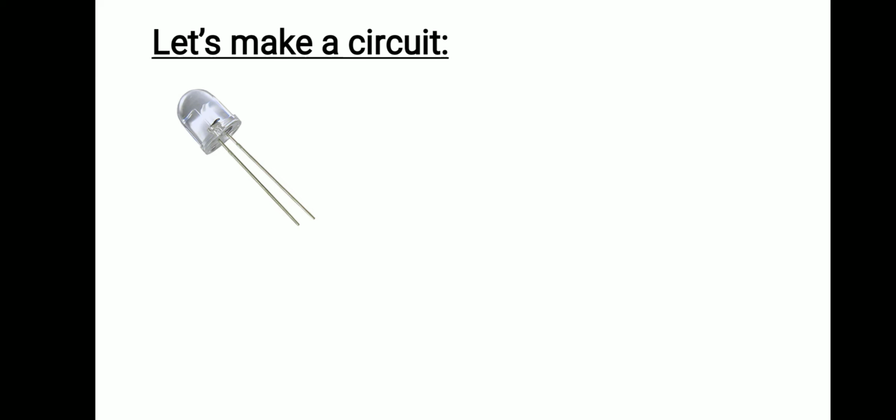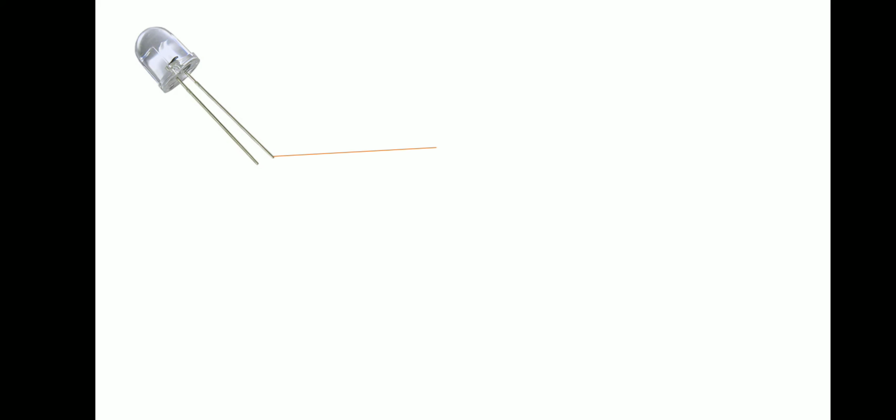Now let's make one circuit to understand how it works. This is the LED which has one positive side and one negative side. Let's coil the wire on the positive side. I hope you remember how to coil the wires onto the LED as we have already learned to do it. Next we are going to attach the wire on the negative side.